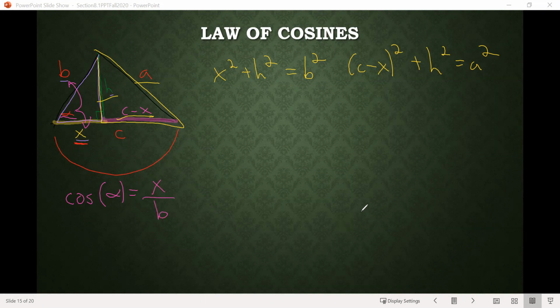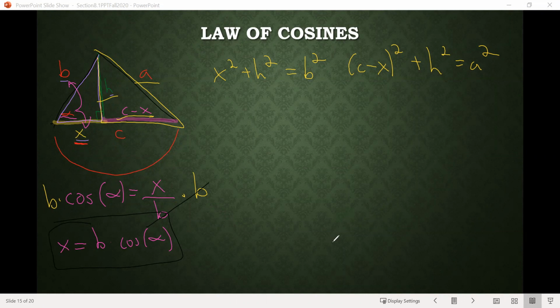And then for reasons that will become clear shortly, I'm going to solve for x, so I'll multiply by b on both sides. These cancel out. So I have x equals, sorry, x equals b times cosine of alpha. Okay, and I'm just going to keep that off to the side for now.